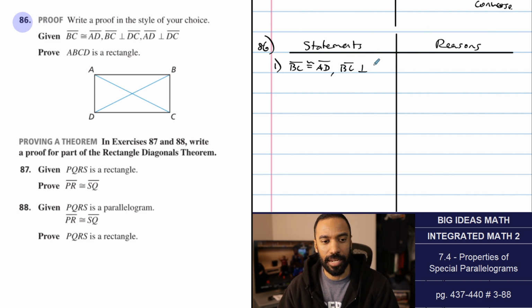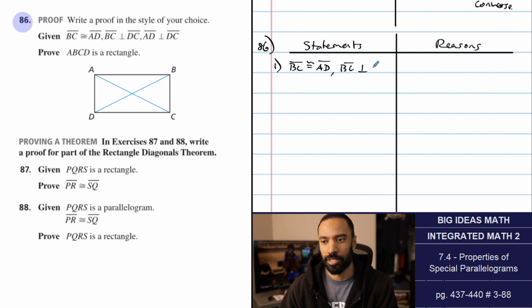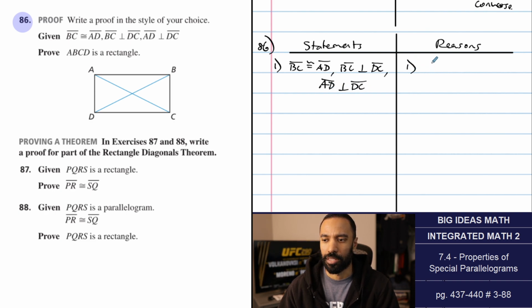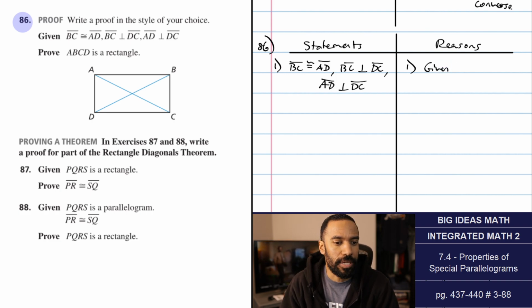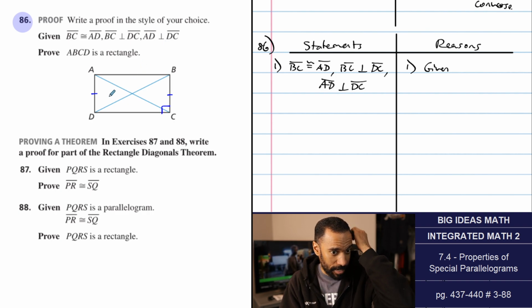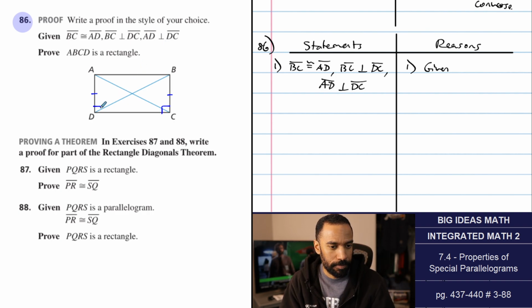Now they didn't show us markings this time, so we have to do the markings for this one. These are given, and let's mark it as such. So BC and AD, boom. BC perpendicular to DC, boom. AD perpendicular to DC, boom.